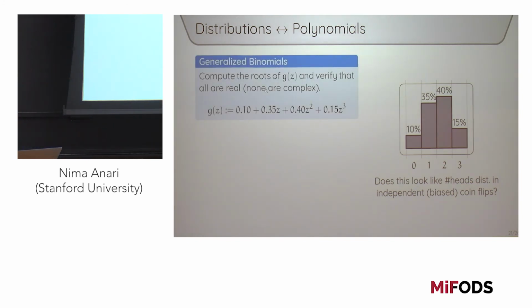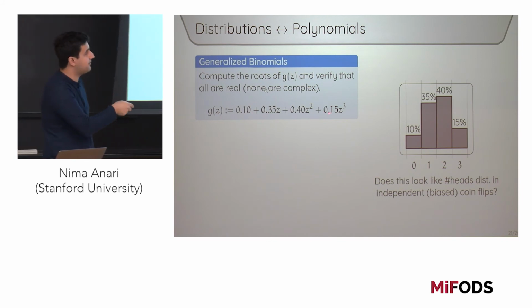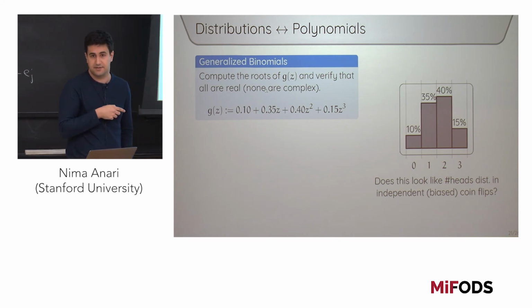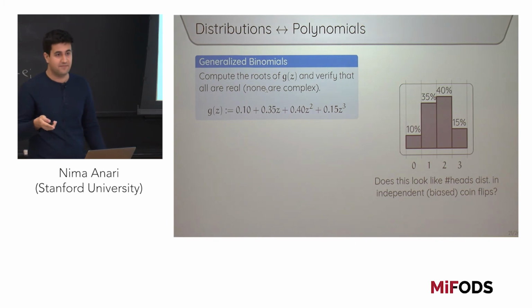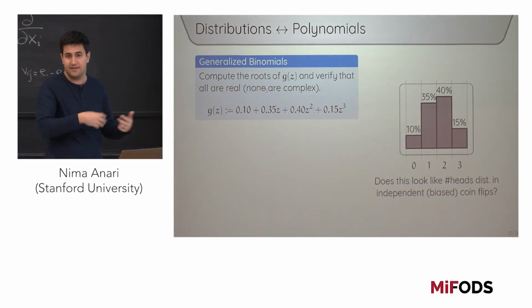And this correspondence is to the roots of the generating polynomial of this distribution. Okay? So you have this univariate distribution. What you do is you put the values of the distribution as coefficients of a univariate polynomial. And you just look at where the roots of this polynomial are. If none of the roots are complex, this distribution is a sum of Bernoullis and vice versa.